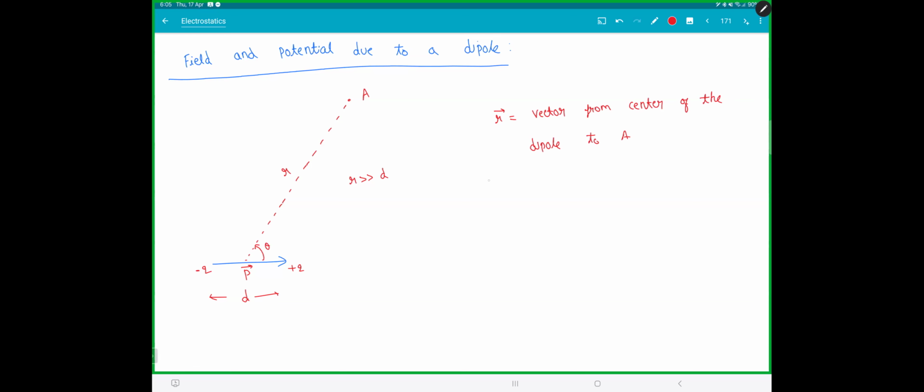Now this is important. What is theta exactly? Theta is the angle between P bar and R bar. You can remember like this: theta always goes from positive to negative charge. So if this is a dipole moment q into d, and if this is point A, theta is taken this way.